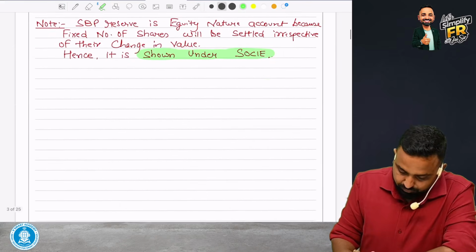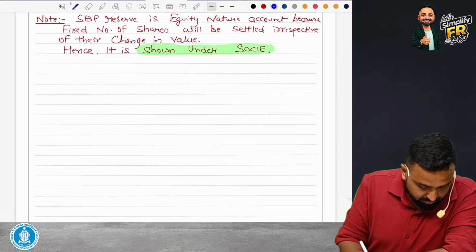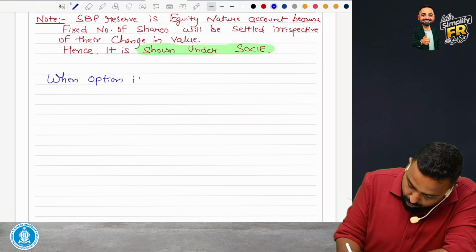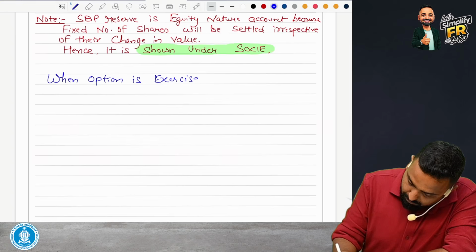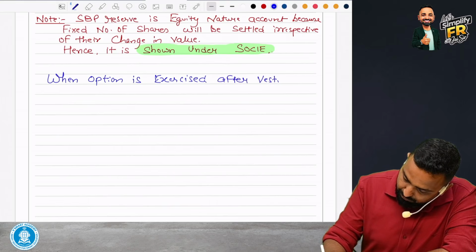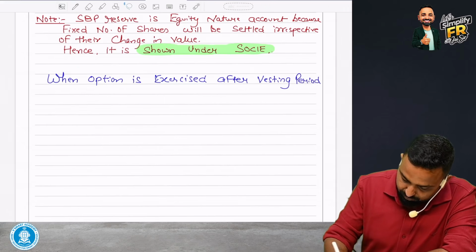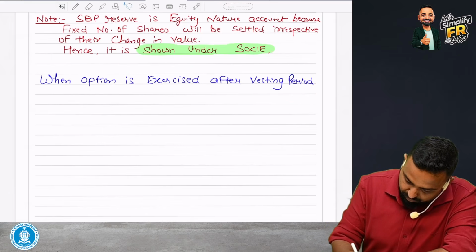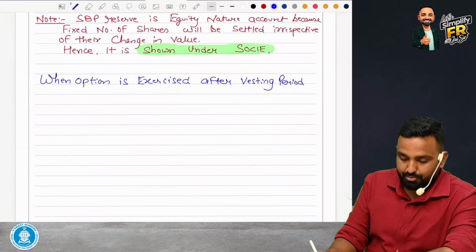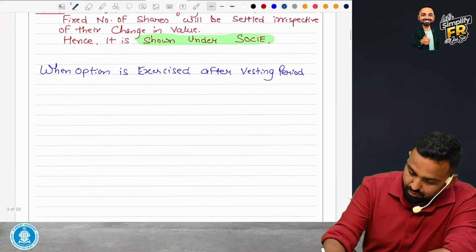Now, when option is exercised after vesting period, what entry you will pass?